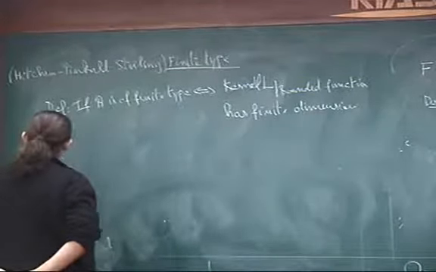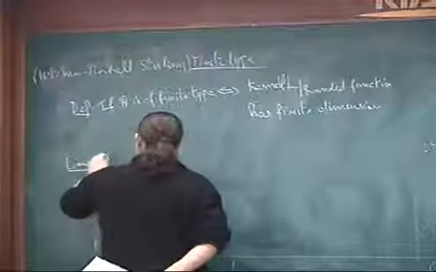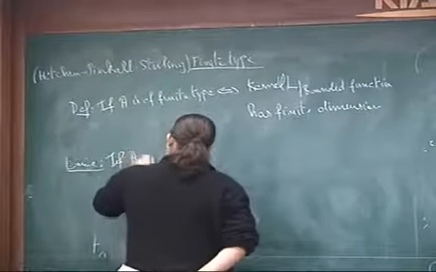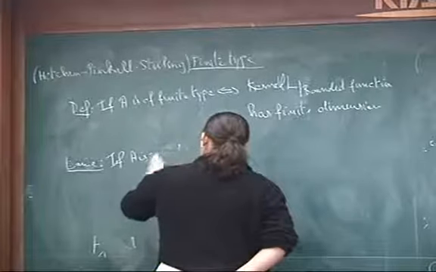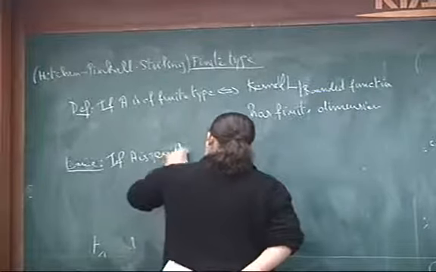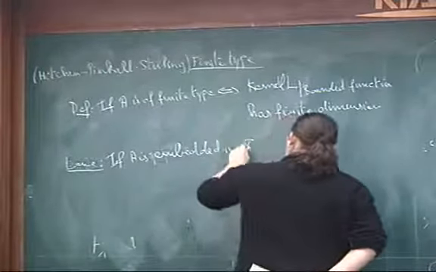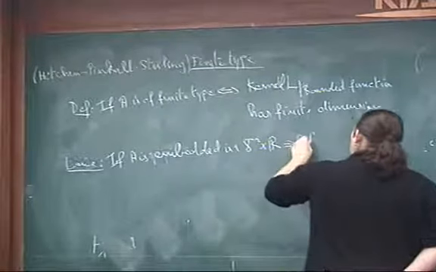Then, lemma. It is a remark of Schmidt and I. If A is properly embedded in S2 cross R, then A has the finite type property.